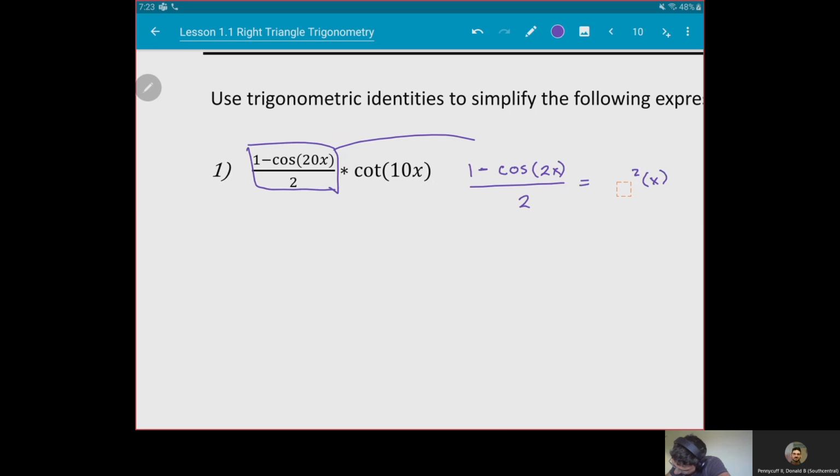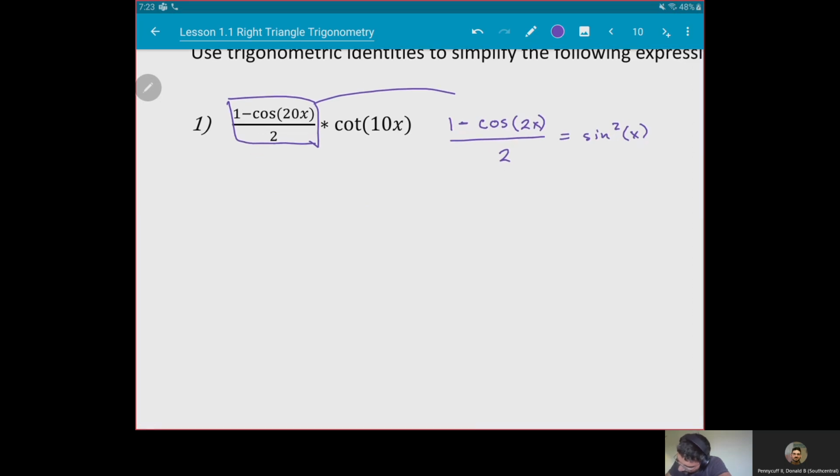So that makes that sine. If it's addition, it's cosine. If it's subtraction, it's sine. So that's what we are going to use. So we have 1 minus cosine of 20x over 2. And so I'm just going to cut that in half, because that's all that's happening, it's being divided by 2. So that's going to be sine squared of 10x. Okay. So all I did was divide by 2. That's all that happened from here to here.